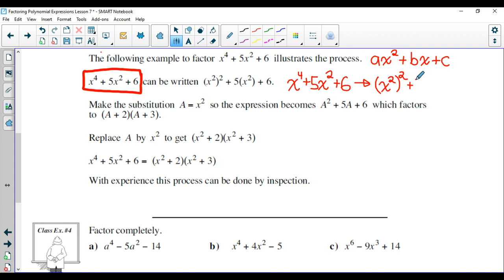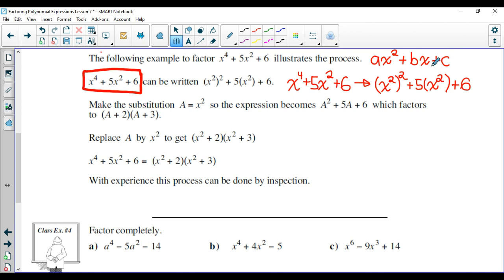And then plus 5, and we write down x squared here, and then plus 6. So I've taken this trinomial and written it in a format where it matches the format of the trinomials we've been factoring throughout most of this unit.